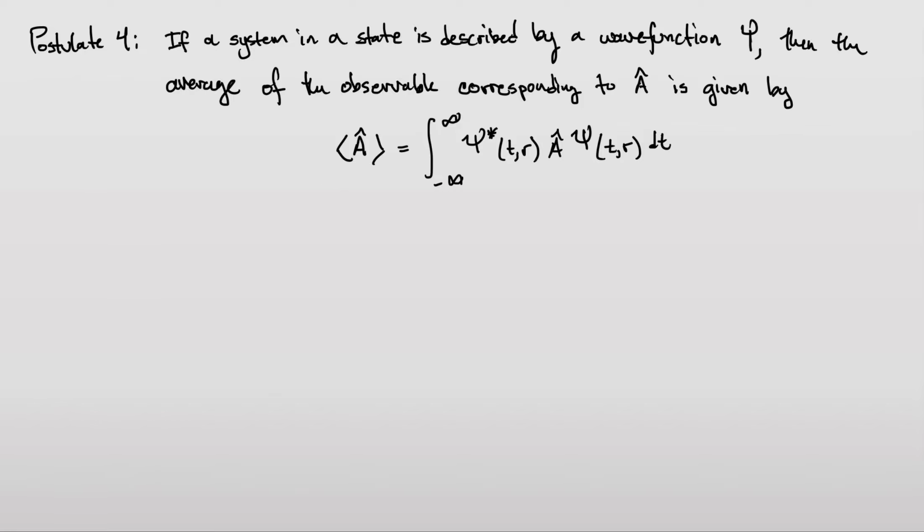So I'm going to make a little table here that's going to summarize everything we've talked about so far. We're going to start off with some state phi like this.